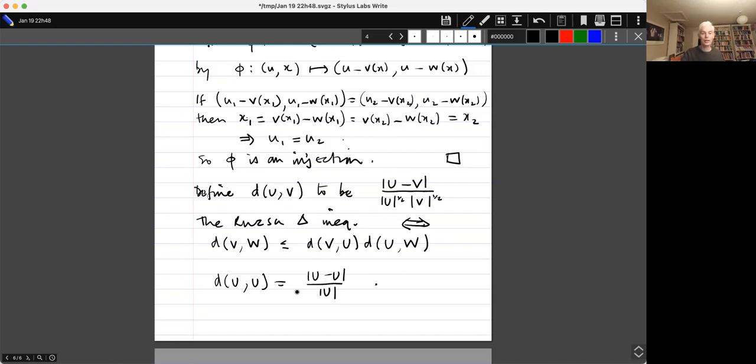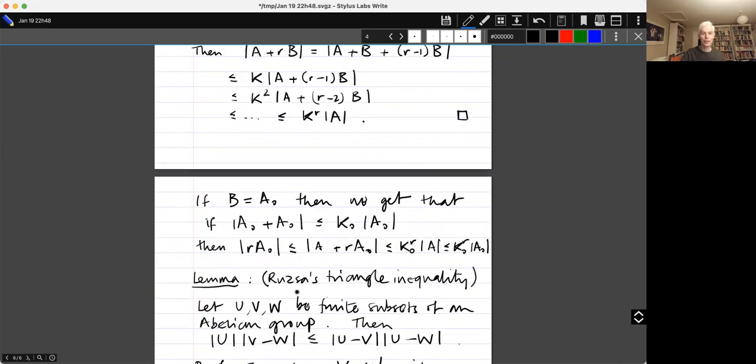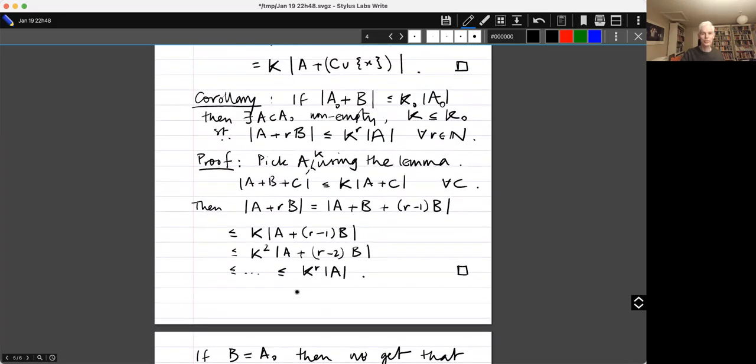Now then, let's go back to where we were before. We'd got that if in this situation we had that the size of A plus RB was at most k to the R times A, and now I'm going to get a similar statement, but it'll be RB minus SB, and we'll get that with the help of Ruzsa's.